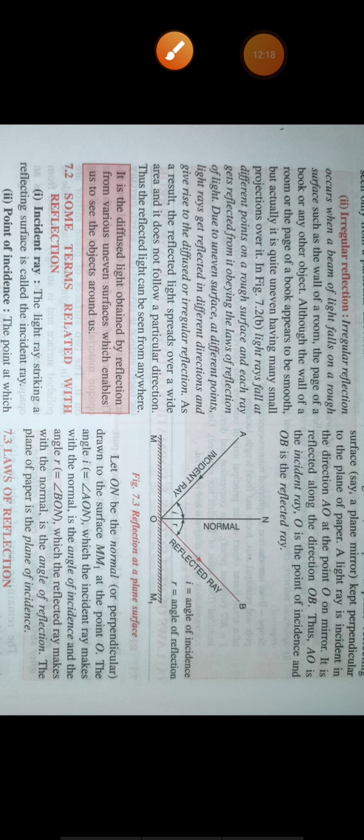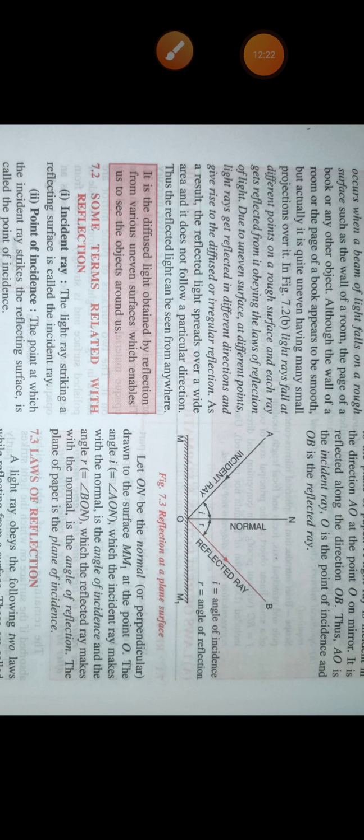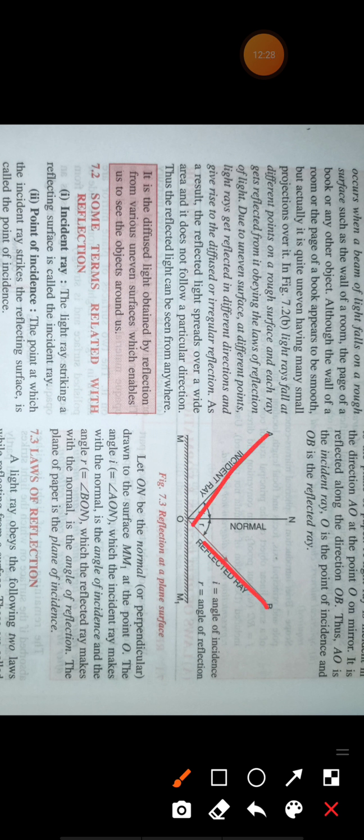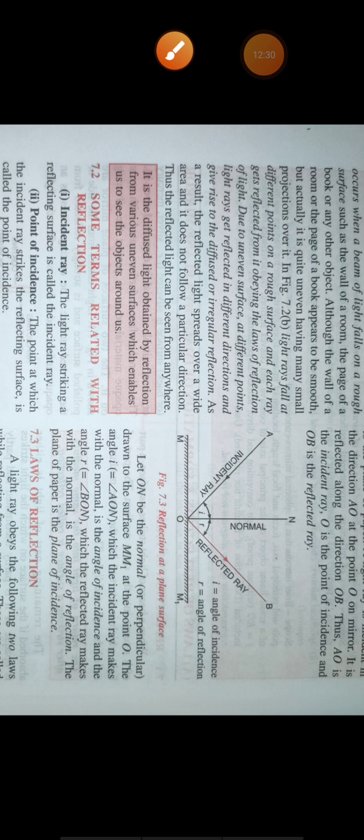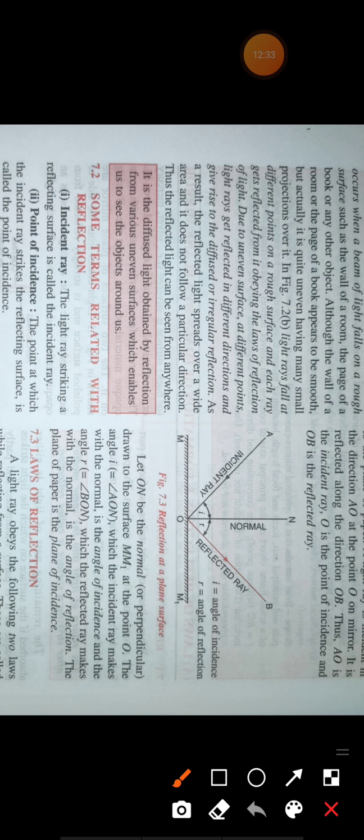Now second law is the incident ray, reflected ray and the normal line lie in the same plane. Obviously you can see this incident ray and reflected ray are lying in the same plane. Same plane means they are lying in the same two-dimensional figure. So you can capture them in this square also.